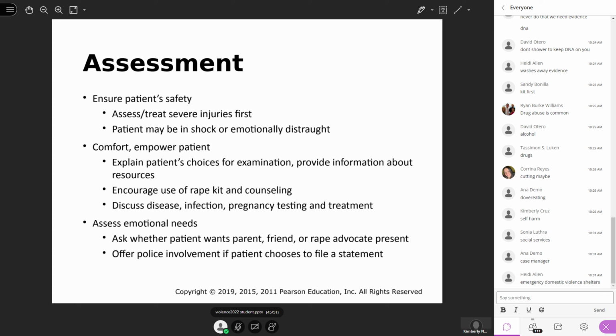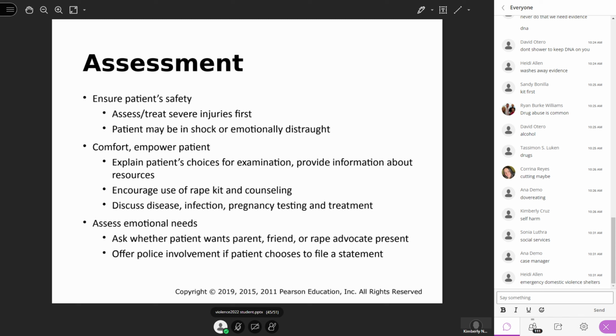Okay. Process assessment: making sure that the person is safe. And most important, we want to treat the severe injuries first. If somebody is bleeding, or we're not sure if they're bleeding, but they may be complaining of severe abdominal pain, we want to check to make sure that there are no internal injuries, right?